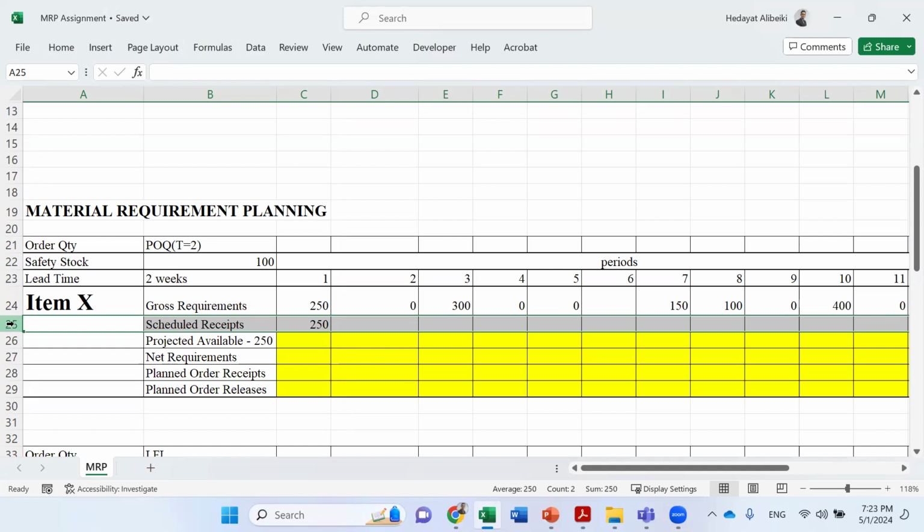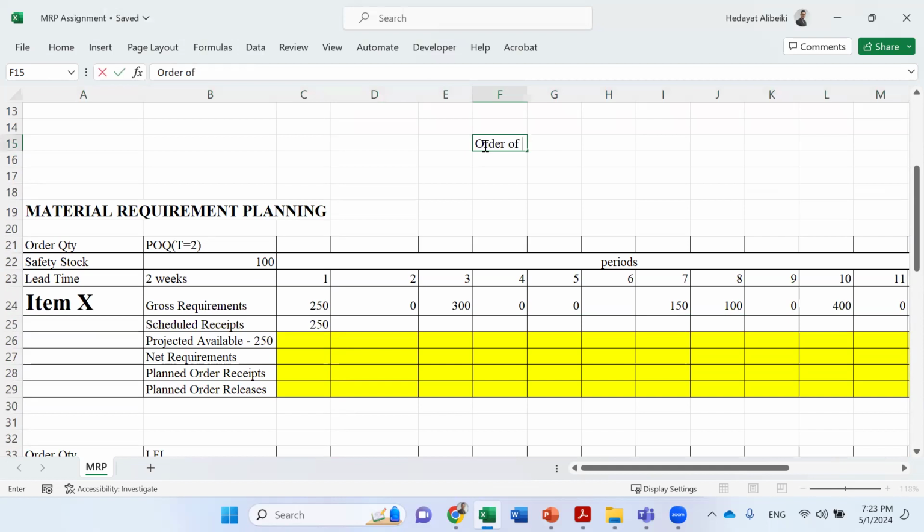Lastly, order. First, gross requirement, then the order of filling. One, gross requirement. Two, like I said, scheduled receipt is already filled, right? Gross requirement. Two, net requirement.